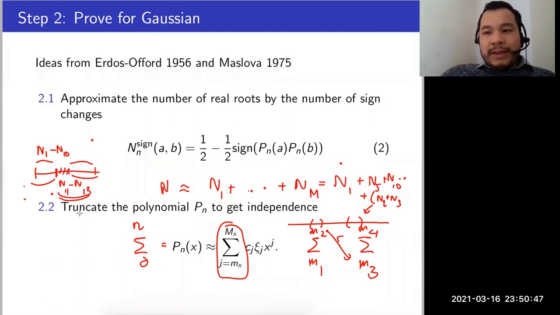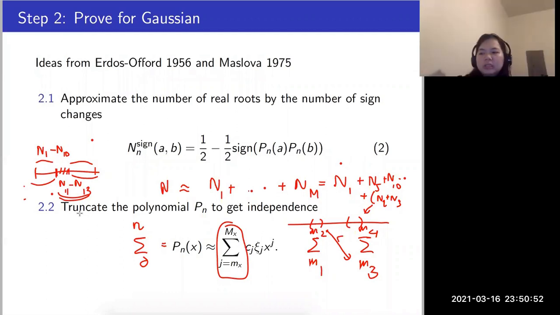How big is the degree of the polynomial? In our work, the degree goes to infinity. Yes, so that's true, our work is for n going to infinity, not for a fixed n.